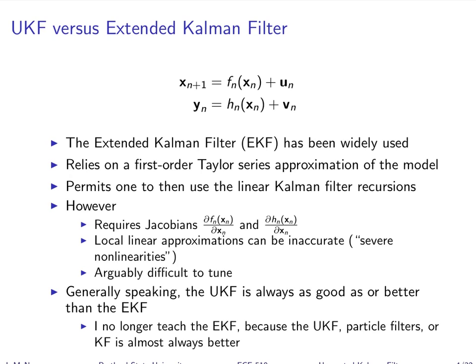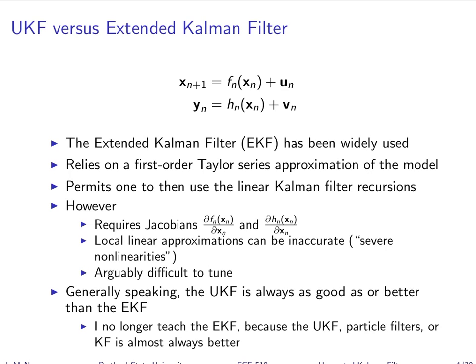So it's based on basically calculating the equivalent of derivatives or Jacobians of the process model and the measurement models, and linearizing about your best estimate of the state. And there's tricks you can do to make it a little bit better. But as I'll show you an example of, these local linear approximations can be really inaccurate if you're around the point of a strong nonlinearity.